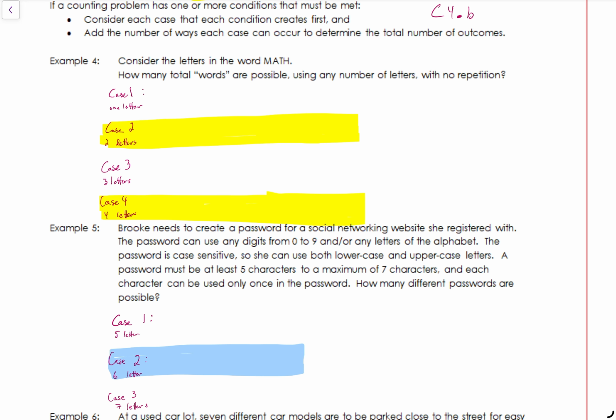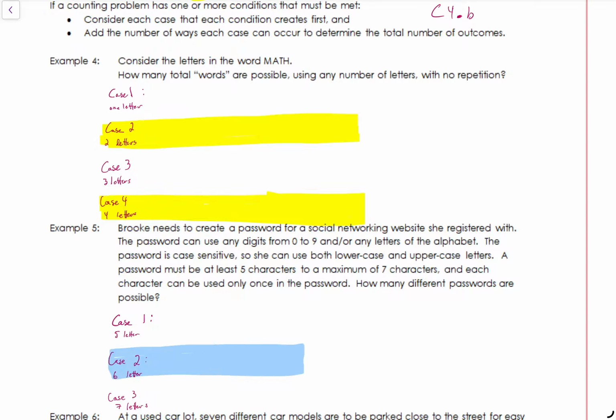So look for the large question and look for if you can spot out the simpler questions within the larger question. If a counting problem has one or more conditions that must be met, consider each case that each condition creates first and add the number of ways each case can occur to determine the total number of outcomes.